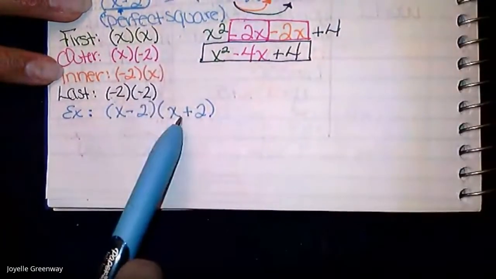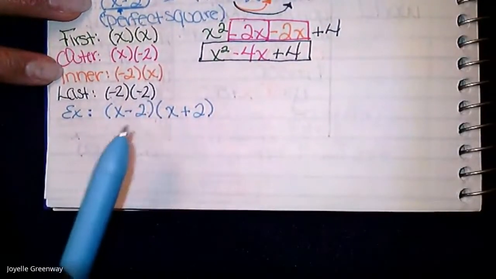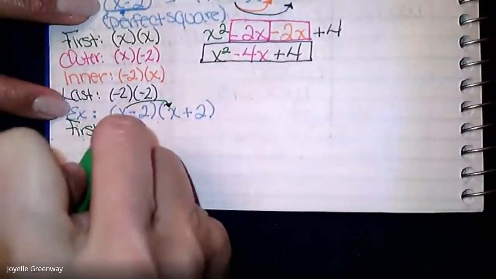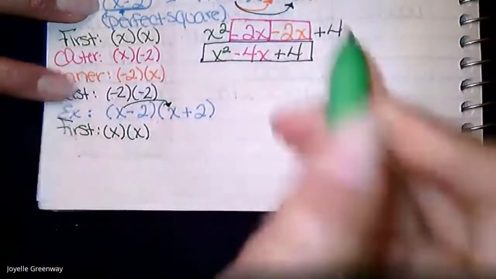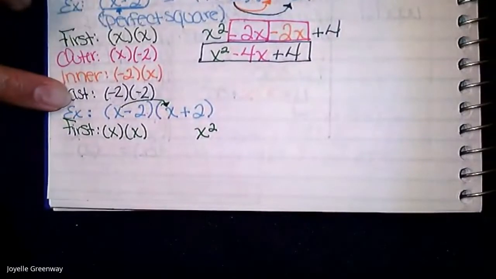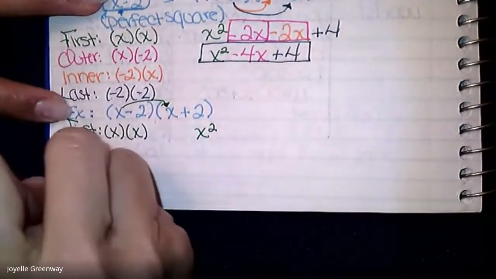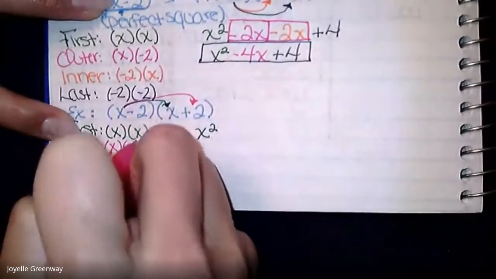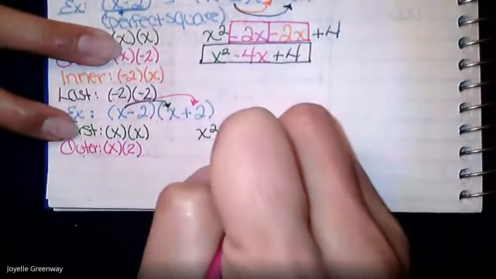So you have x minus 2 times x plus 2. If we follow our FOIL rules, I multiply my first terms, x times x, I get x squared. Then I have my outer, which is x times 2, which is positive 2x.